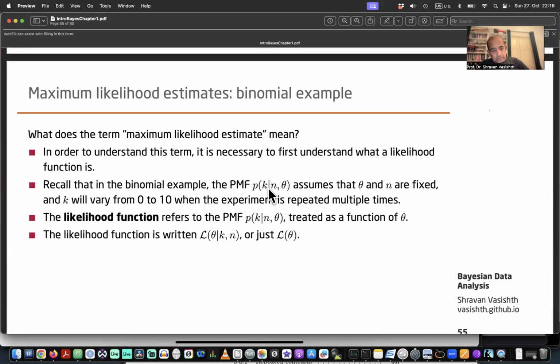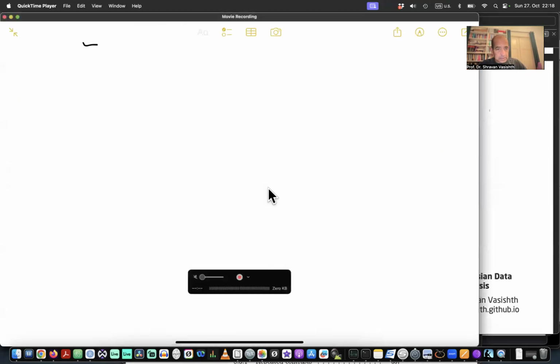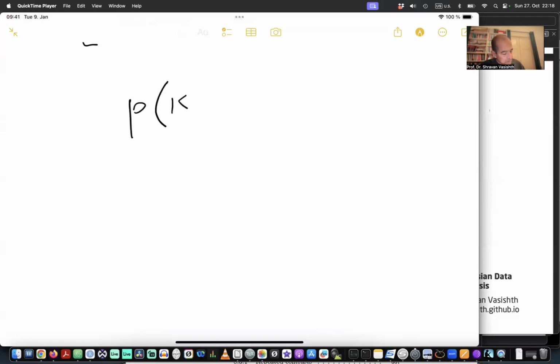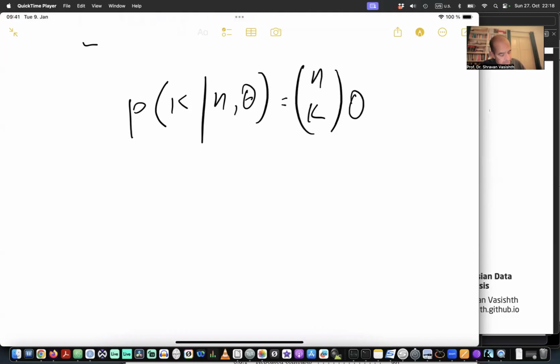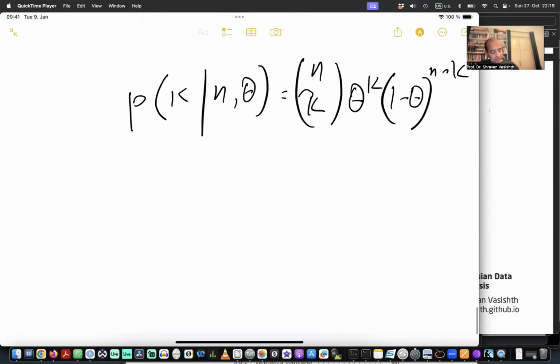I'll just write it out again so that we don't forget what it is. My probability mass function was something like this: n choose k times theta to the power of k, times 1 minus theta to the power of n minus k. This function is a function of k right now, because that's the only variable here.